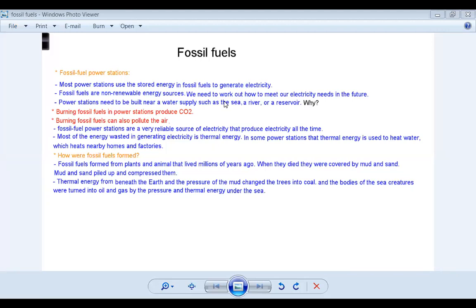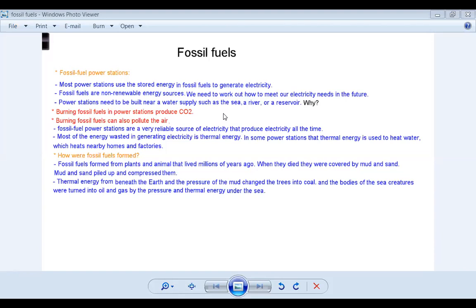Power stations need to be built near a water supply such as the sea, a river, or a reservoir. So why? Is it because they need the water? They need water for what? To power their station? To throw their waste in it. Muhammad, you said what?